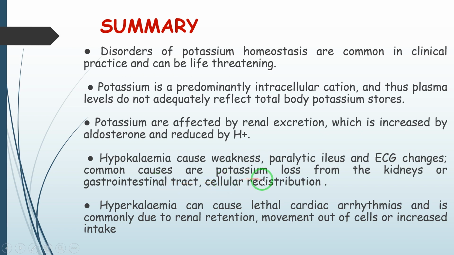Or it may be cellular redistribution. Certain factors enhance the escape of potassium from inside the cell to the extracellular fluid, or vice versa. Sometimes acidosis will lead to a defect in the level of potassium.